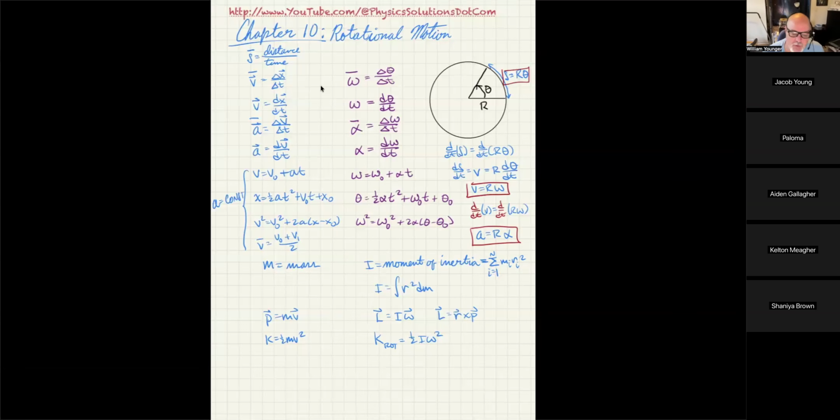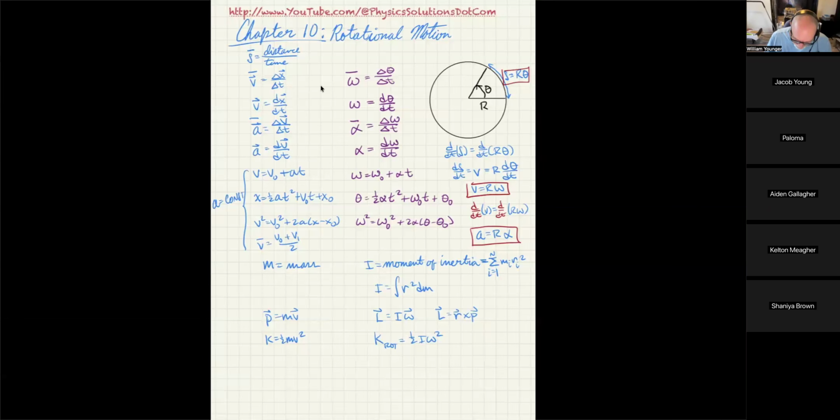Section 10.3 is on constant angular acceleration. As you can imagine, we could start off with the exact same scenario we did in chapter 2 on kinematics. We started off with a equals a constant and realized that a is equal to dv/dt, and we integrated that and ended up with v equals v0 plus at. Well, guess what? If you assume alpha is a constant and alpha is equal to d omega/dt, you can integrate that and you'll get omega equals omega 0 plus alpha t.